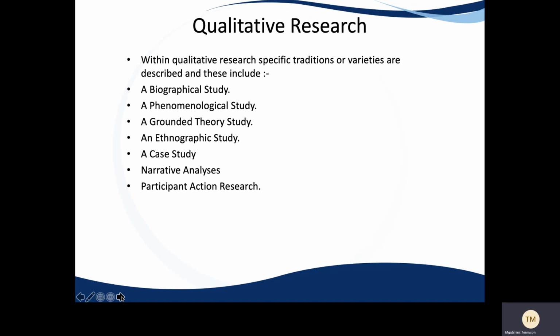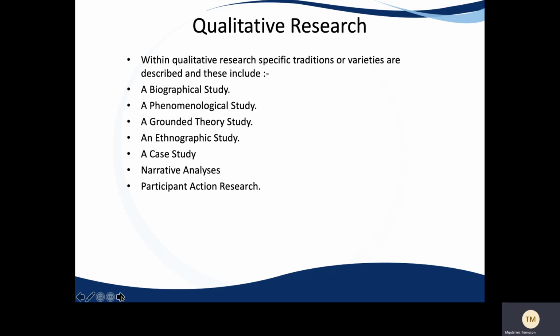Now, in qualitative research, you may notice that in quantitative research, I spoke about the different designs. I spoke about the experimental design. I spoke about the quasi-experimental design. Then I spoke about the non-experimental design. In qualitative research, there are similar sorts of divisions, which aren't referred to as designs as such, but they're spoken about more in a loose way as traditions.